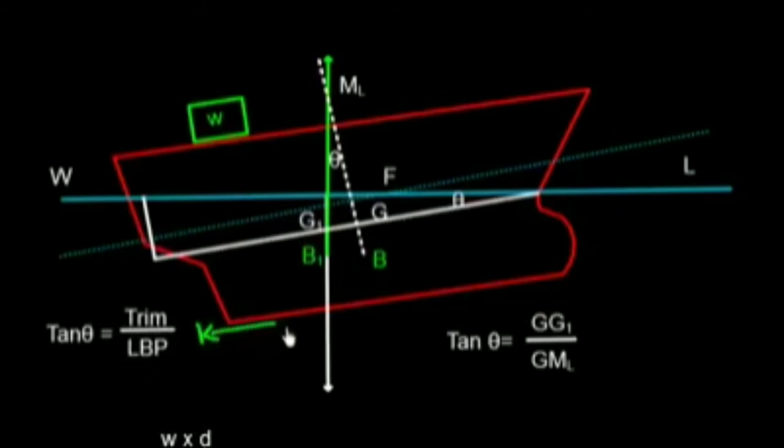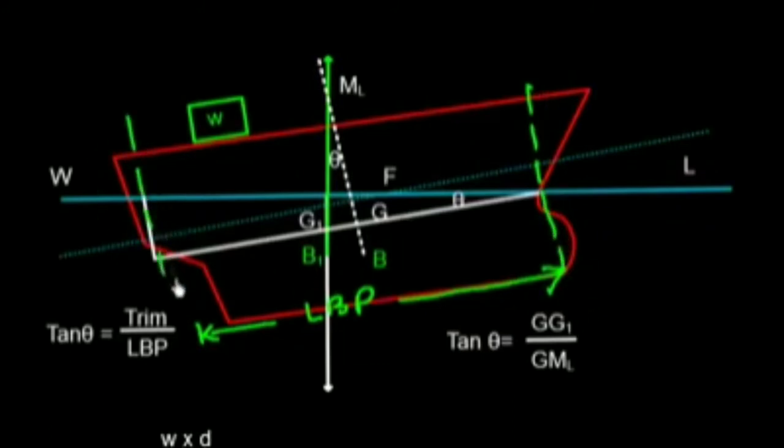Well, this length is LBP, length between perpendicular. So we have one reference line here which is forward perpendicular. We have another reference line here which is aft perpendicular. So the distance between forward perpendicular and aft perpendicular is length between perpendicular, and this is trim.